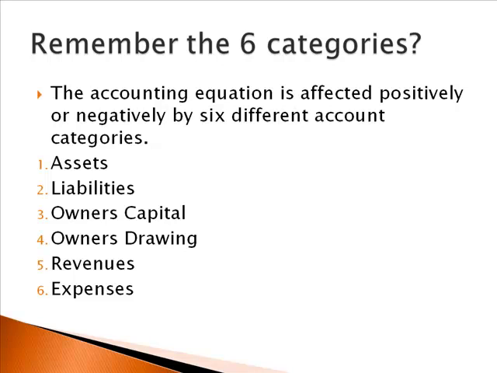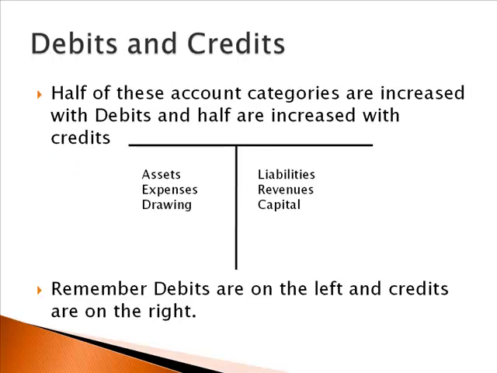We have discussed in the past that there are 6 different categories of accounts that affect the accounting equation, and here on this slide we see those 6 categories listed once again. Half of the accounts are increased with debits and half are increased with credits.